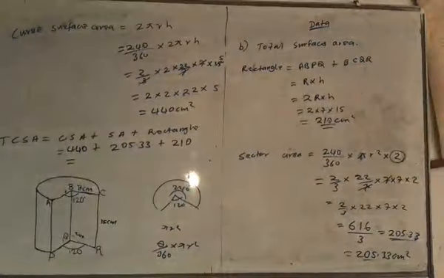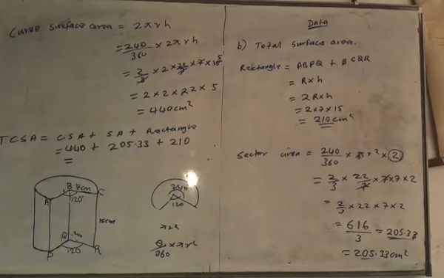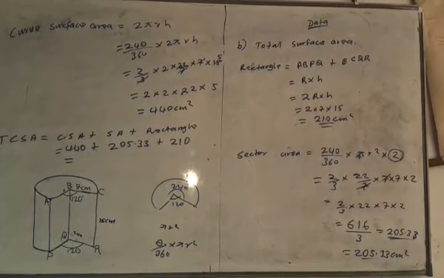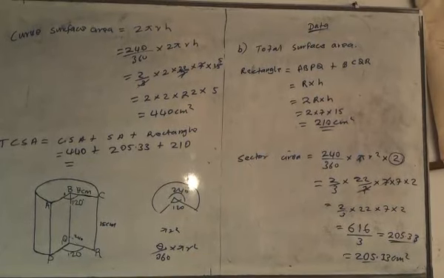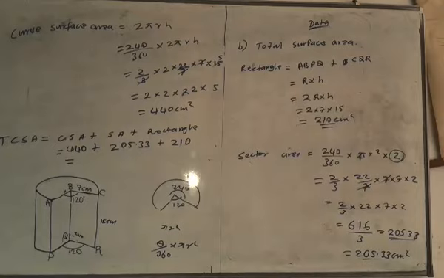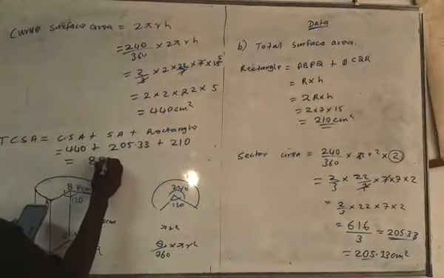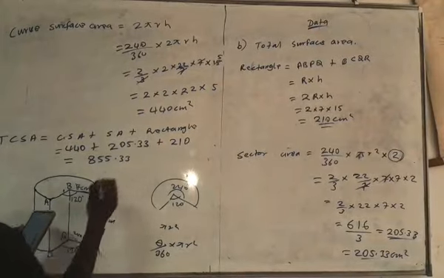So if we sum this together, that will give us 440 plus 205.33 plus 210. So that gives us 855.3.